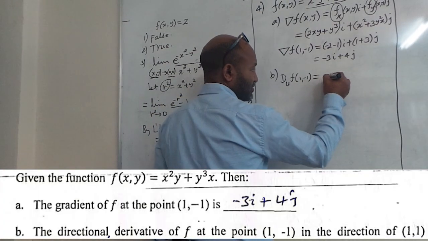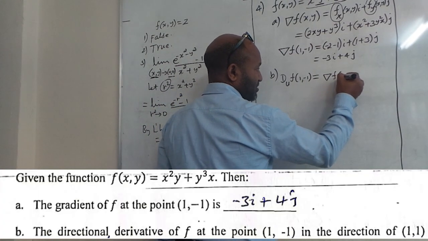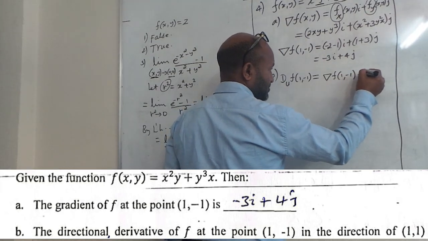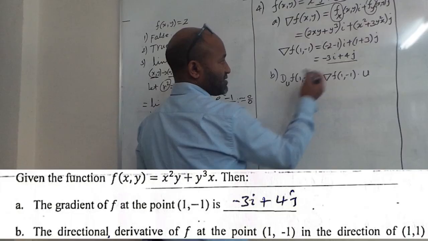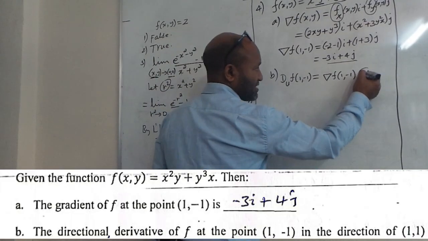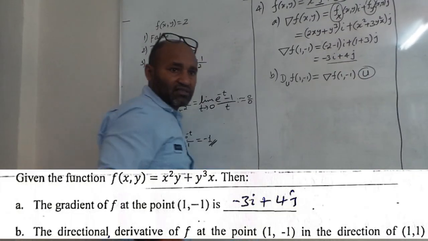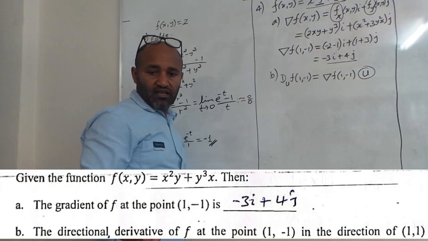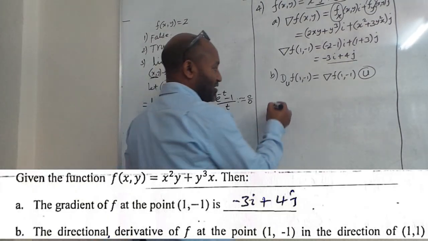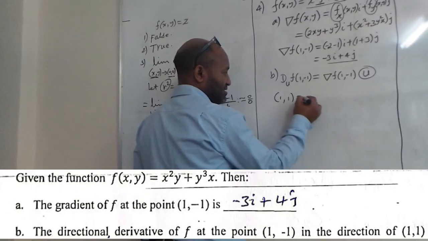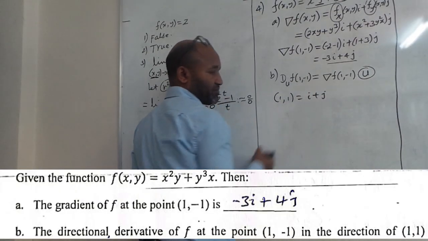This is the gradient of f at the point (1, -1) dot u, where u is a unit vector. Now we have the gradient. What remains is the unit vector. The problem says in the direction of the vector (1, 1), which means i plus j.